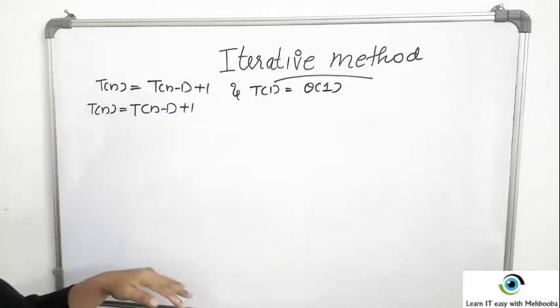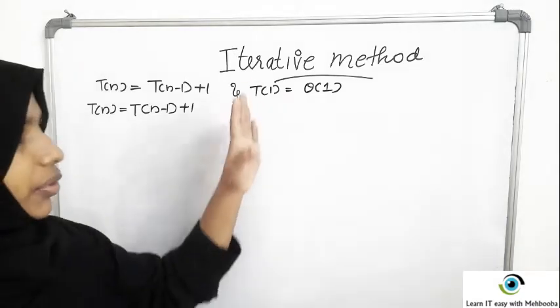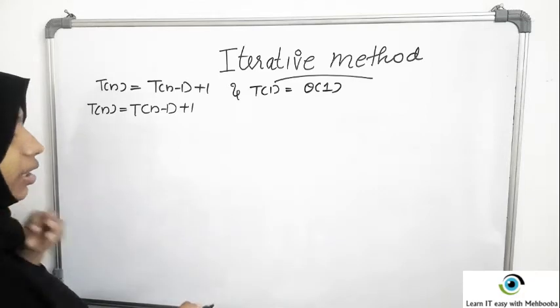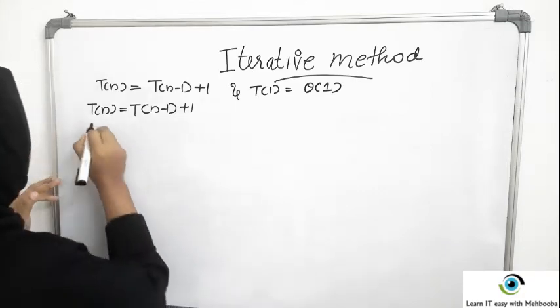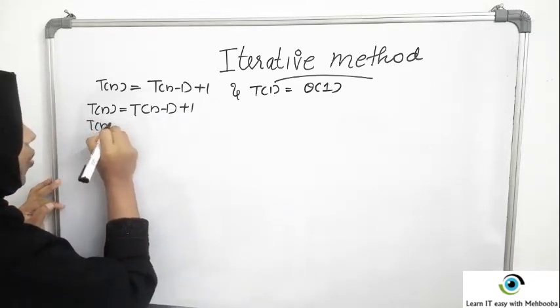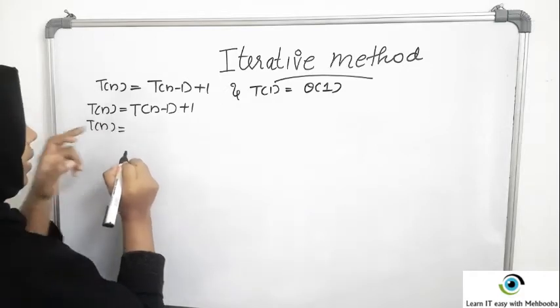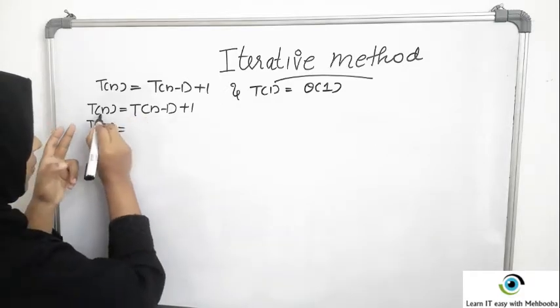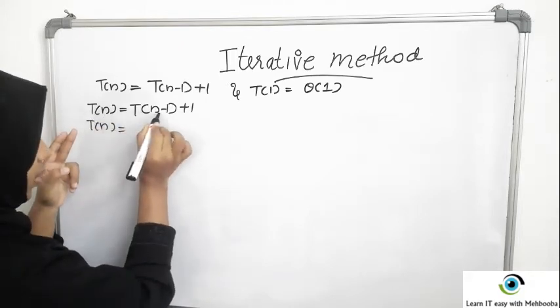As we usually do in the iterative approach, we will unroll the right side till we get a term without any t's. So t of n is equal to, we will unroll this t of n minus 1. When it was t of n, it was t of n minus 1 here.